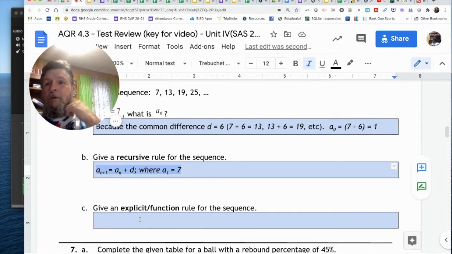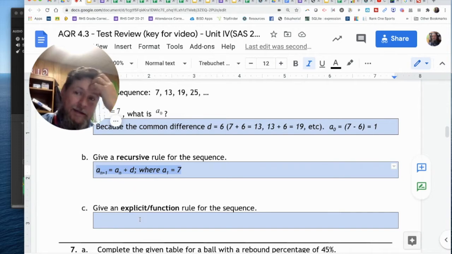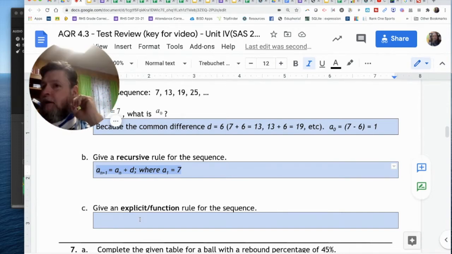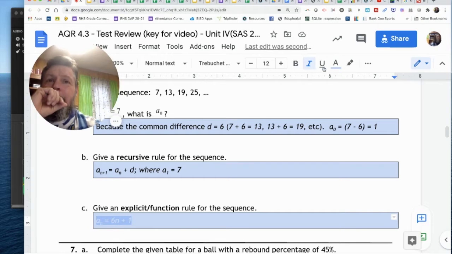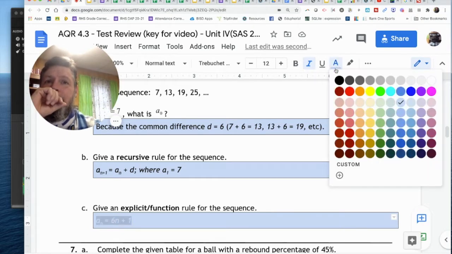So if n is 0, we know that a0 has to be 1. So what do we do to it? We're adding 6 to whatever 0 is, okay? We have to start somewhere. Let's see what it looks like. a subscript n equals 6n plus 1. That's right. So whatever n is, we're multiplying it by 6.